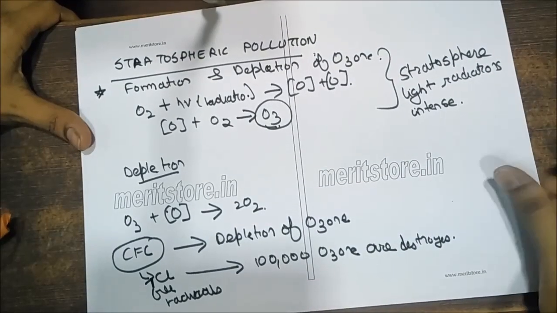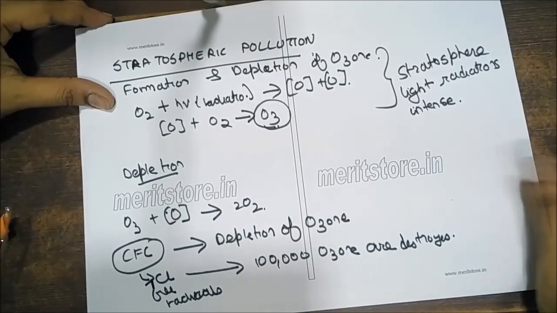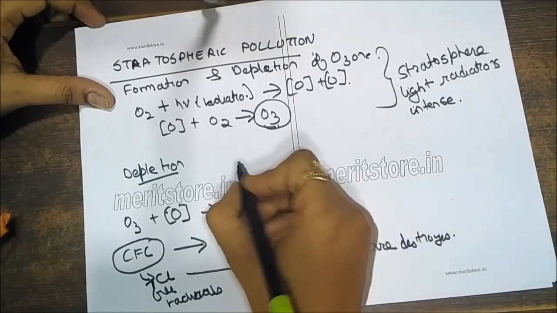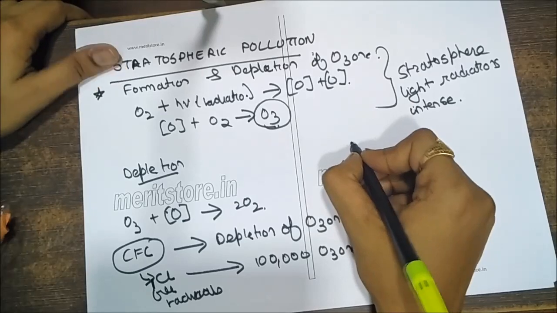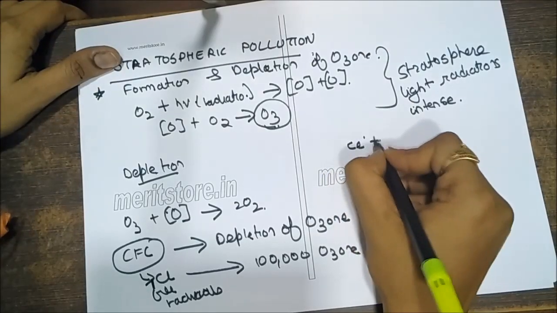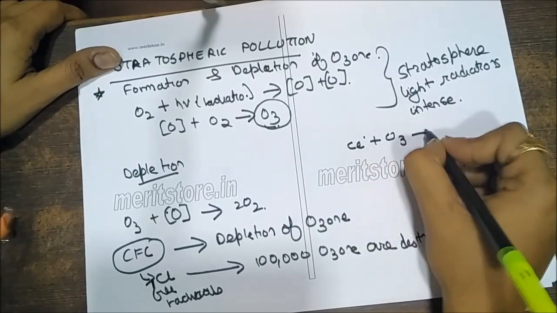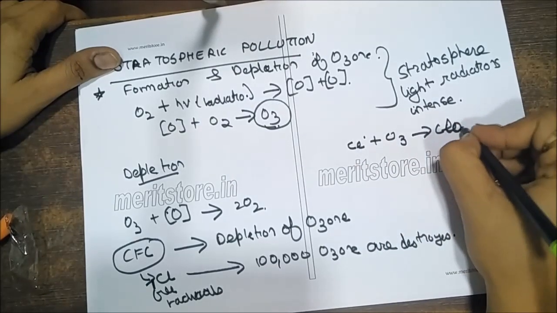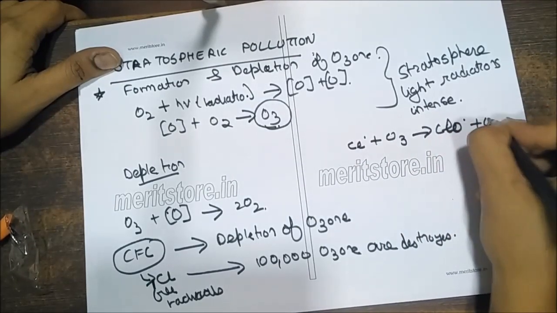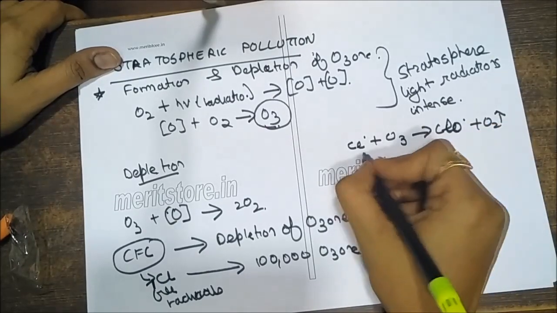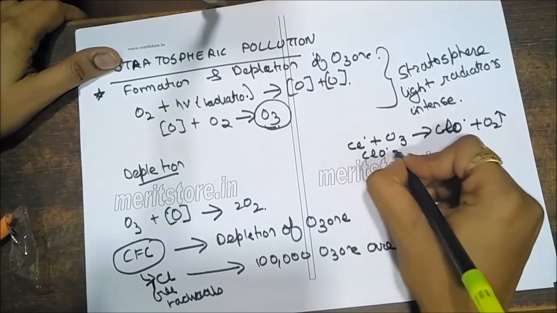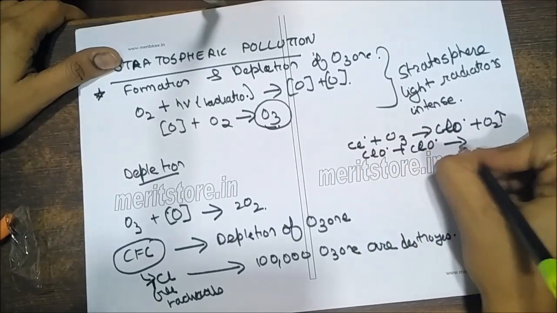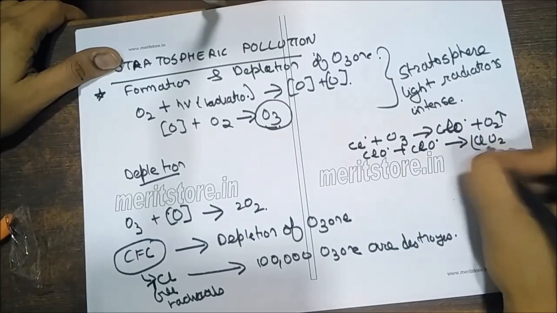Alright. So if you want to see the chain of reaction, how this chlorine is reacting, causing the depletion of ozone, see this. Chlorine free radical will react with ozone to form another free radical species, which is ClO dot, and oxygen gas. Then this free radical is again reacting to form ClO2.